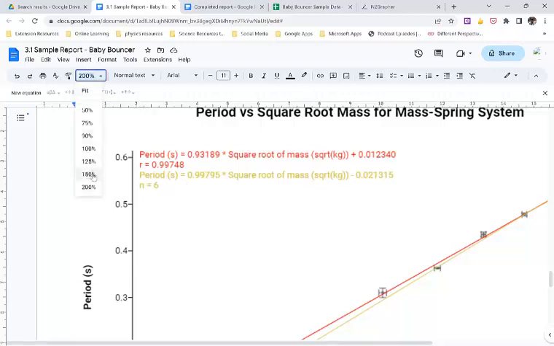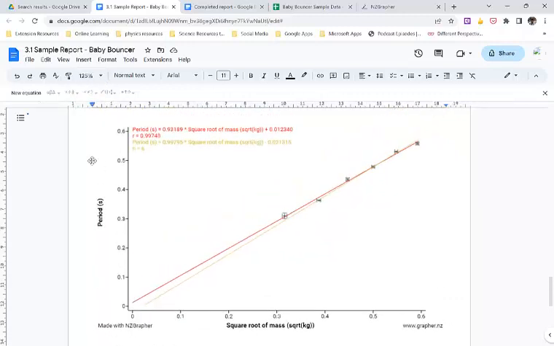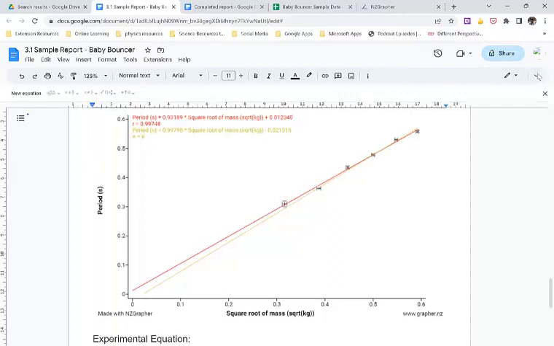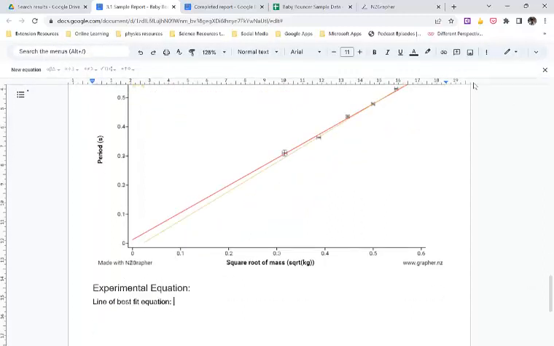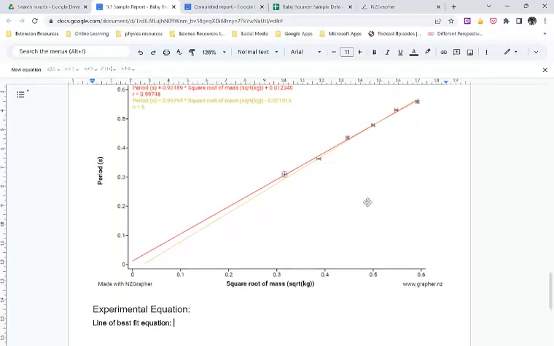So I'm going to go back out to 150, or maybe even to 125. So I might just minimize this so I can see everything at the same time. So my line of best fit equation is, I'll insert an equation, new equation, T equals 0.93189, and then times, and now I want square root of mass, so I'm going to write \sqrt space m.